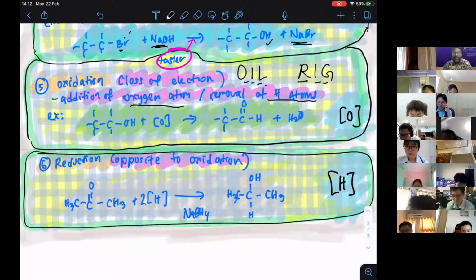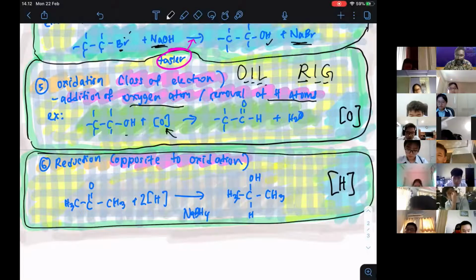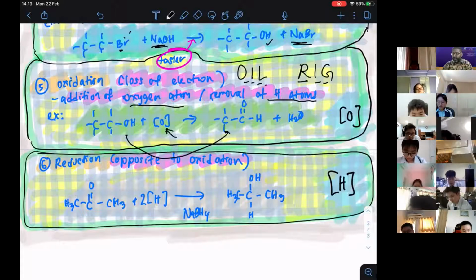Normally oxidation we just represent by this only. We just put a bracket O, and then we say this one can be oxidized to what? Alcohol changes into this molecule. This is going to be aldehyde. No need to know, but basically this is what's going to happen.